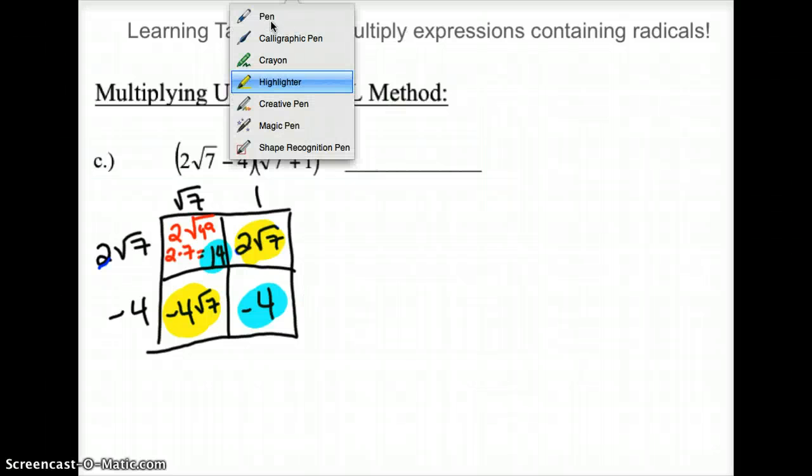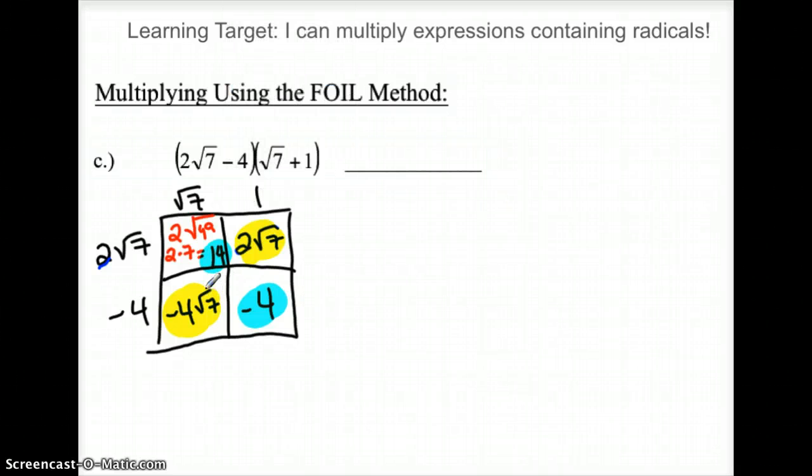So as a final answer, what we would say, if I add the -4 and the 2, I would have -2 radical 7. So I simply added the 2 things highlighted in yellow. And then when I add the 2 things highlighted in that turquoise blue, I would get 14 plus a -4 would be simply a +10. So I would write plus 10.